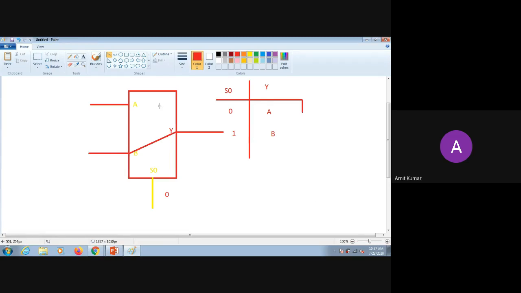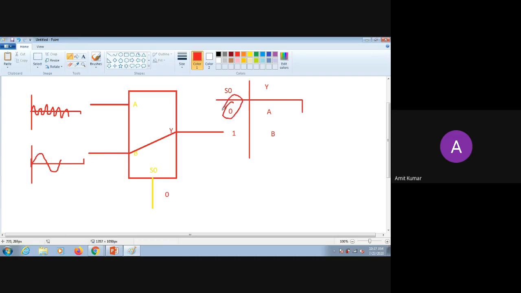So what we did, we have added two frequencies. This is some higher frequency component and B will be at lower frequency. So just take A as the higher frequency and this one will be at lower frequency.